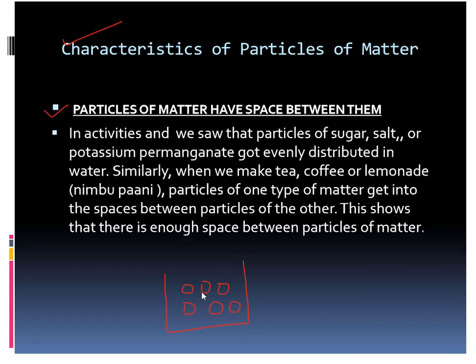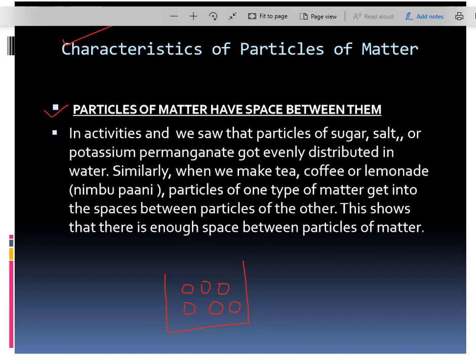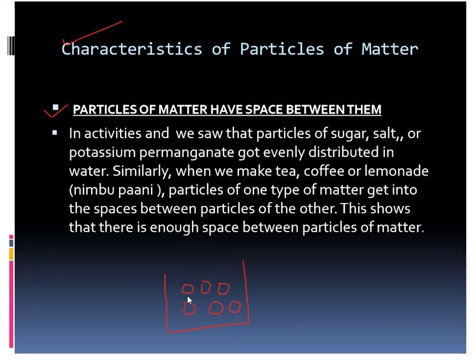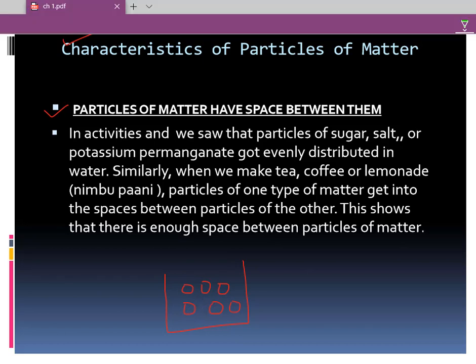Now, within the particles of water, sugar, salt, or potassium permanganate comes and they get dissolved over here. So, these are some of the crystals. This shows that there is enough space between particles of matter.